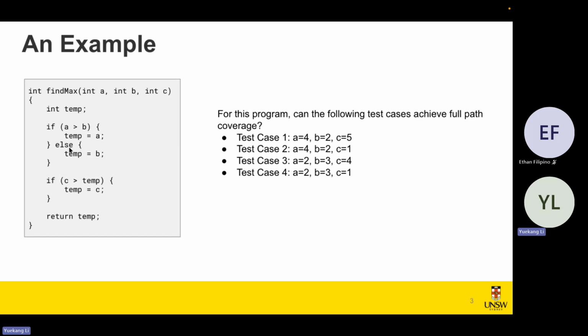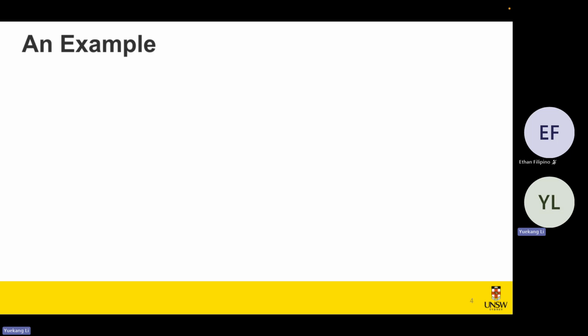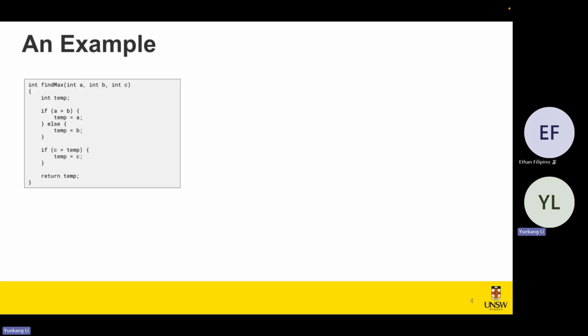This is the question. We have two branches and four test cases, so it should be able to cover all the paths, right? If we craft four test cases correctly, it's enough to cover all the potential paths.